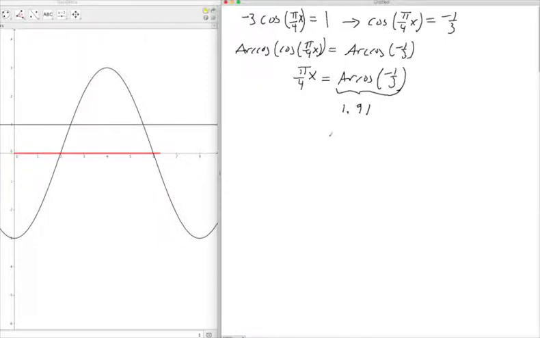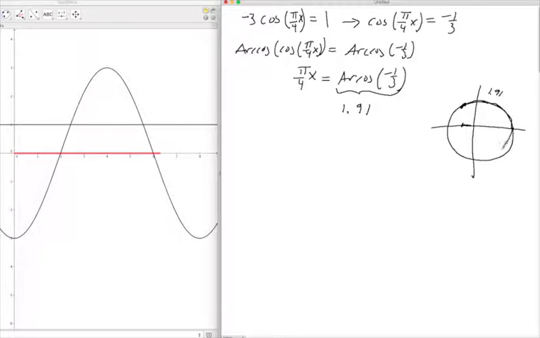But if I go back to the unit circle, let's just draw a picture of a circle. Okay, so bad circle, but there's the unit circle. Now the cosine is going to be -1/3 here, which means the arc that goes with that is this, which is what the calculator is telling me, 1.91.